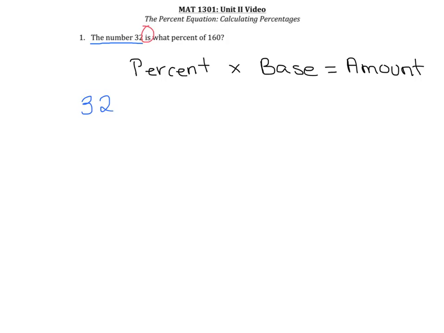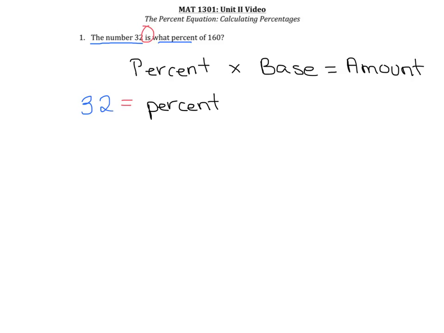Is in math always means equals. So instead of writing "is," I'm going to write an equal sign. The next two words, what percent? This tells me that I'm solving for a percent. So I'll write percent here, since this is what I'm searching for.